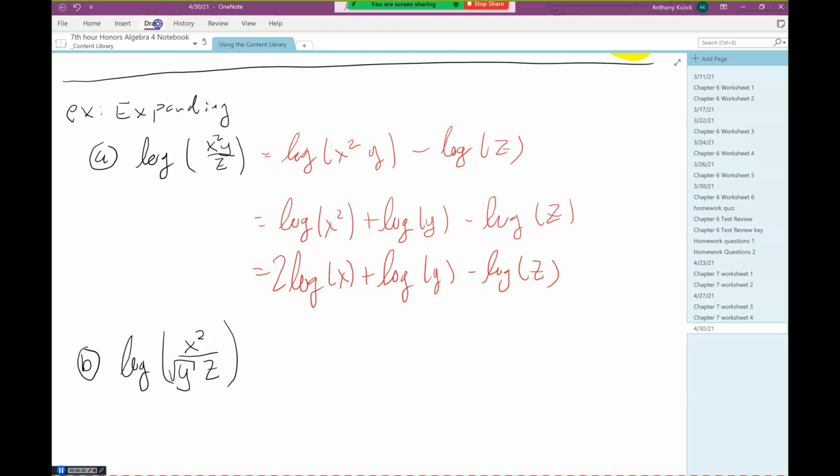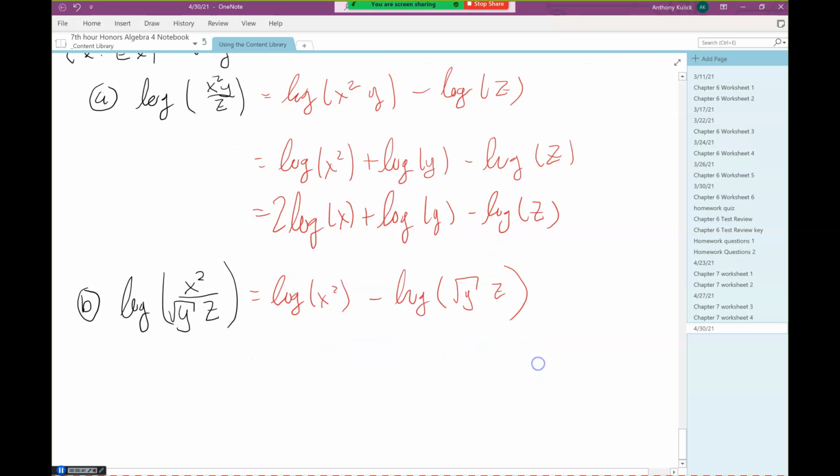All right, let's see what happens here. First thing you guys should have done was the quotient property. And then you should have done the product property. This is the place where if you're going to make a mistake, the most likely mistake happens here.